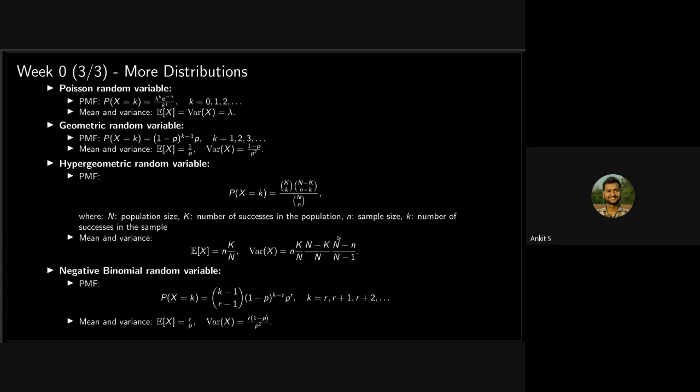Apart from that, we also learned about hypergeometric and negative binomial, but I don't think these were used much later in the course. For Poisson and geometric, you must have their PMFs at your fingertips, because these are very common.